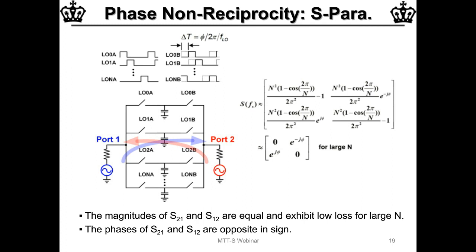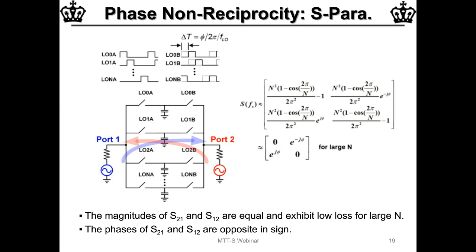And when you analyze the circuit, and if you assume that there's a large number of paths in parallel, here I'm obviously showing only 4, but if you assume a large number of paths, what you find is that this circuit ends up with the S parameters that are shown here, where it's perfectly matched at both ports. The forward and reverse transmission has unity transmission magnitude, meaning no loss, but there is a positive and negative phase shift in both directions, meaning you now have an ideal non-reciprocal phase shifter.